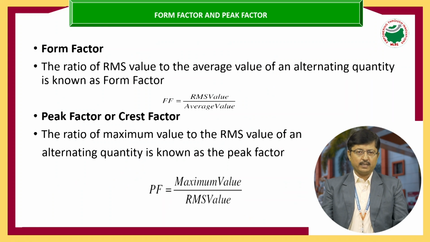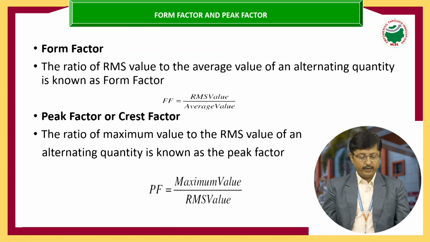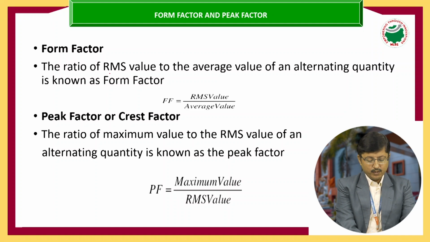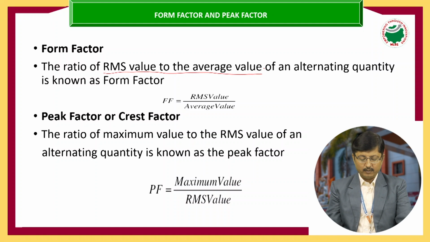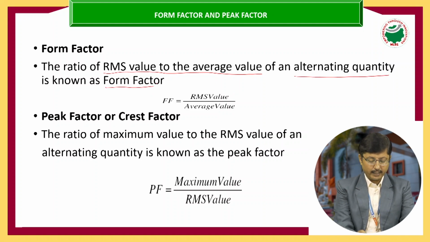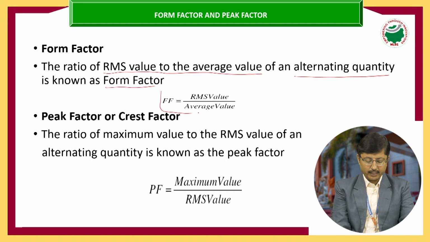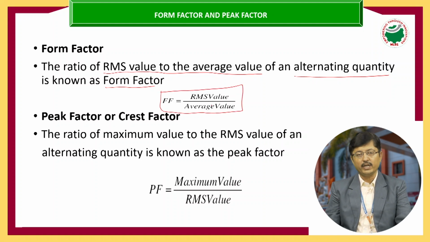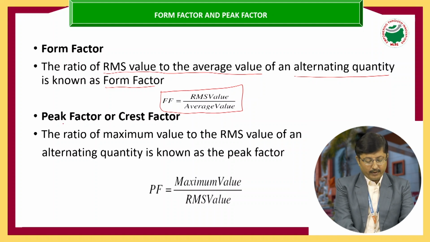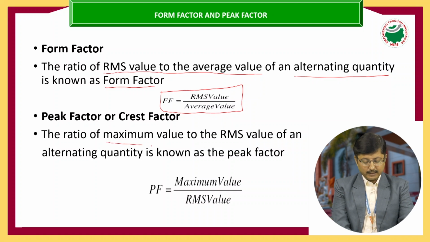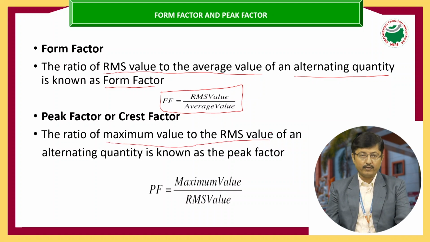The next definition is the form factor. The form factor is the ratio of the RMS value to the average value of an alternating quantity. The general formula is form factor equals RMS value divided by average value. The peak factor, or crest factor, is the ratio of the maximum value to the RMS value of an alternating quantity.